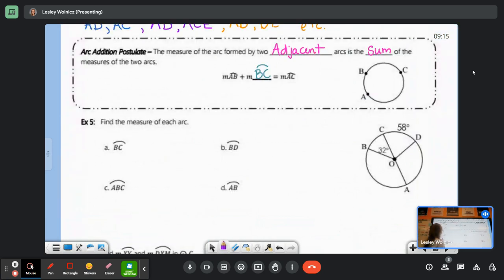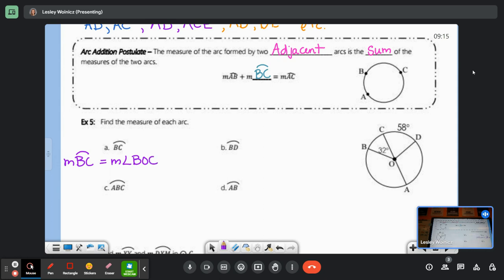So if I know the measure of angle BOC, you guys writing this down?